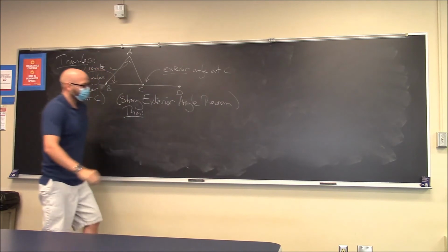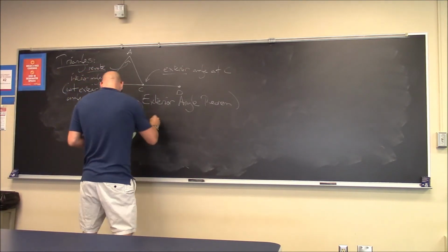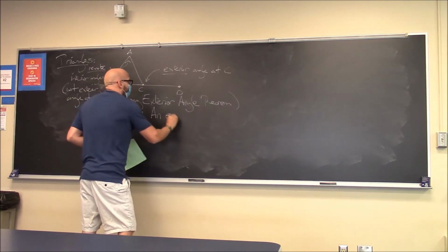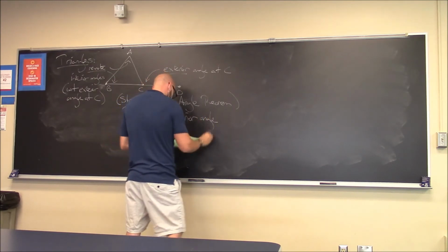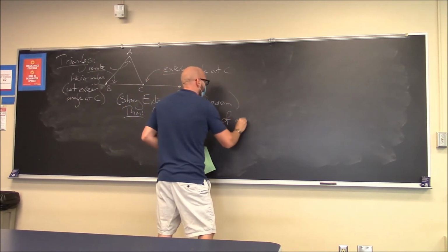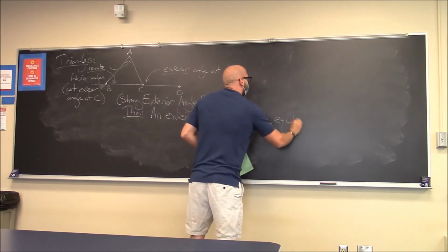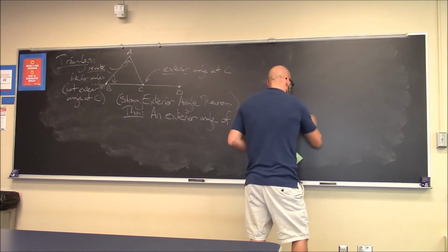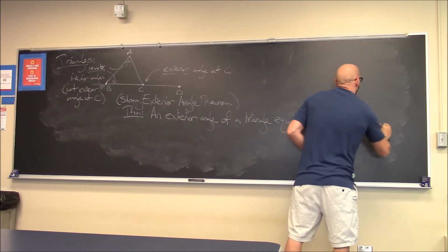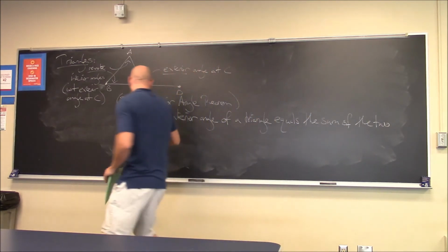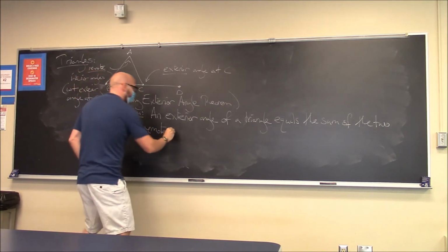Again, I'm not sure our textbook bothers to specify that this is a strong form, but it says the following: an exterior angle of the triangle equals the sum of the two remote interior angles.